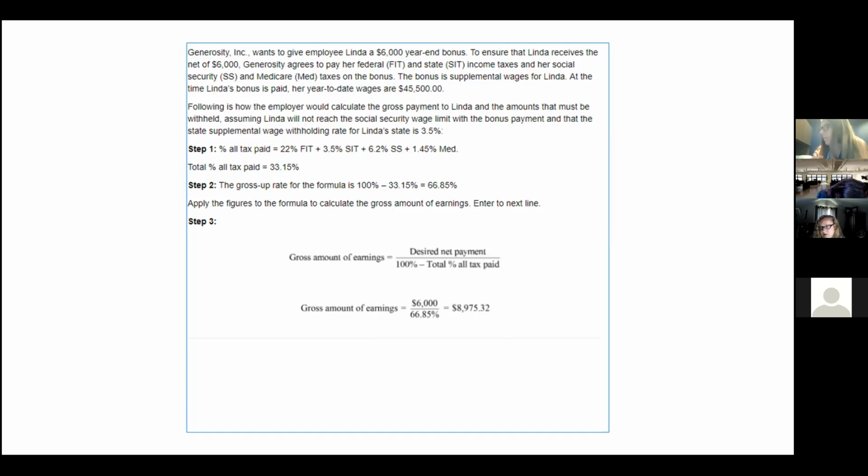Again, be very careful. Make sure that you're moving your decimal correctly when translating between percent and decimal. And you get $8,975.32. That's the amount that's going on her W-2, even though she's only getting $6,000 in her pocket, because the employer is paying all of those taxes on her behalf, which is super nice of her employer, by the way.